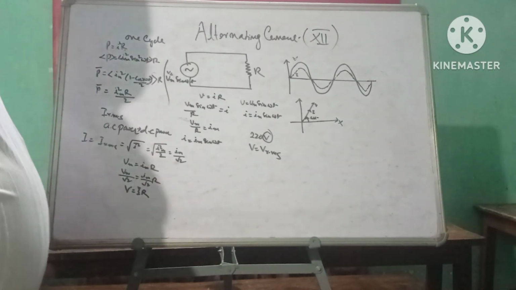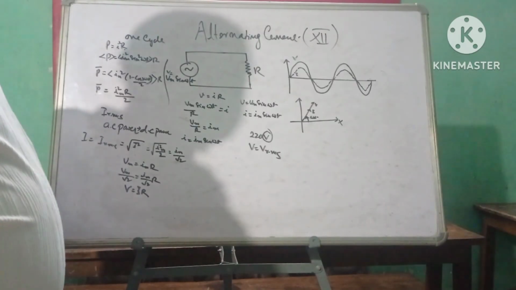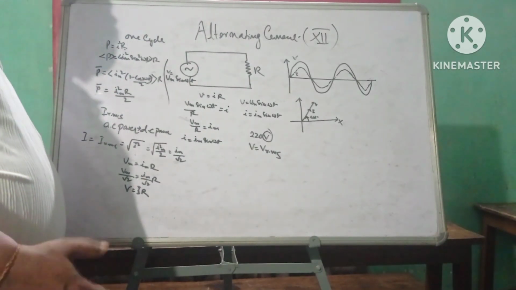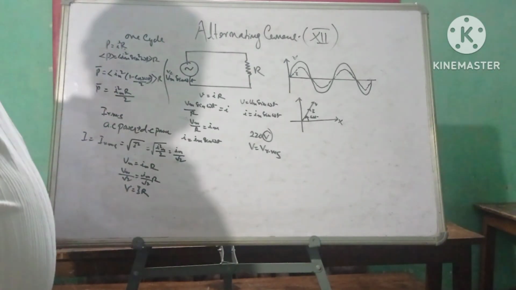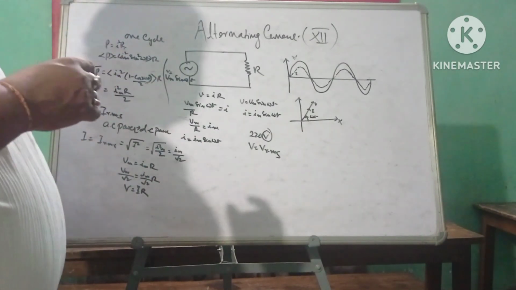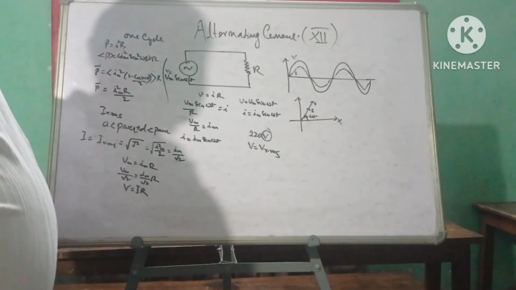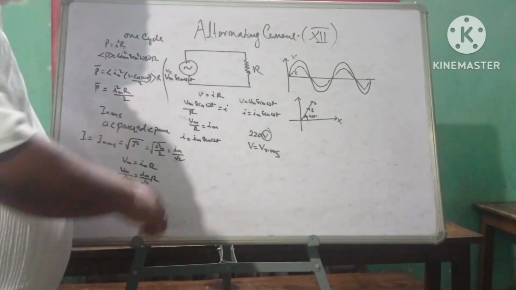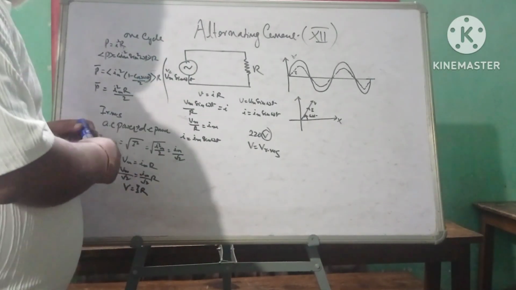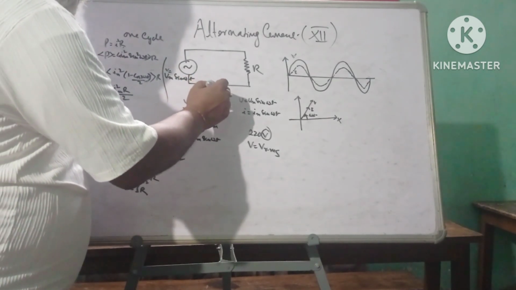Such things are not going to be asked in your exam or in any competition, but you must ask why here we are not able to use Ohm's law, but have to use Kirchhoff's law.